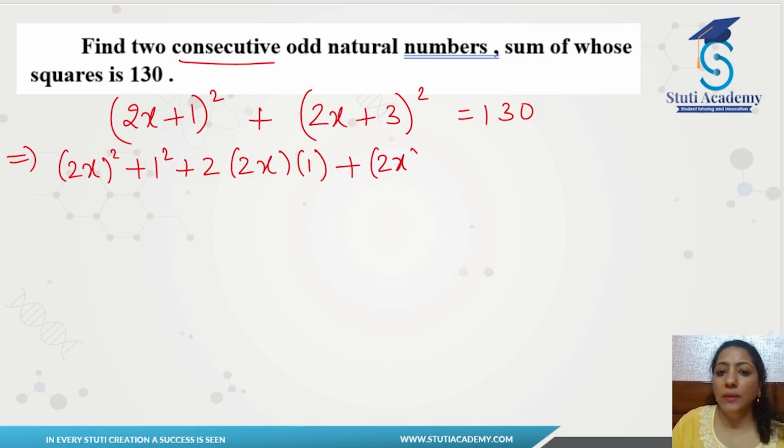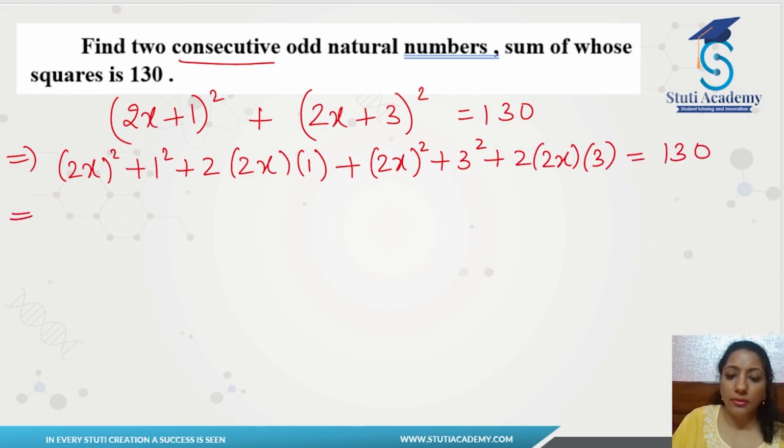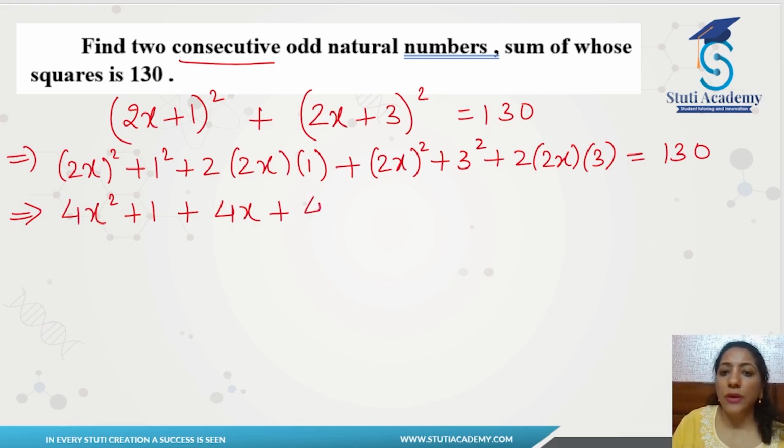We have a square plus b square plus 2ab. And this 130 I'm writing as it is. Let us now simplify this. We will get 4x square plus 1 plus 4x. This will give us 4x square plus 9 plus, this will give us 2 into 2, 4. 4 into 3, 12. 12x equal to 130.